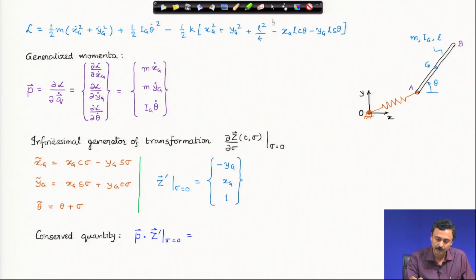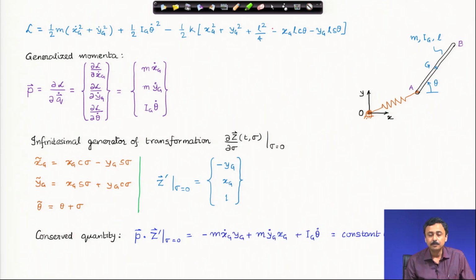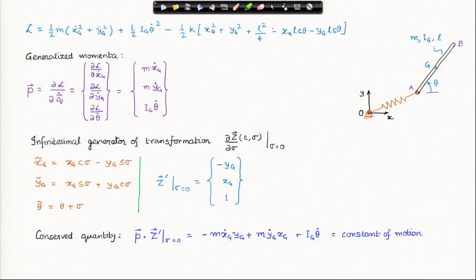If you take a dot product, you obtain minus m x_g dot y_g plus m y_g dot x_g plus I_g theta dot. This is a constant of motion, an invariant of motion or a conserved quantity. And if you notice a little carefully, this is nothing but the angular momentum of the system of the bar about that fixed point.